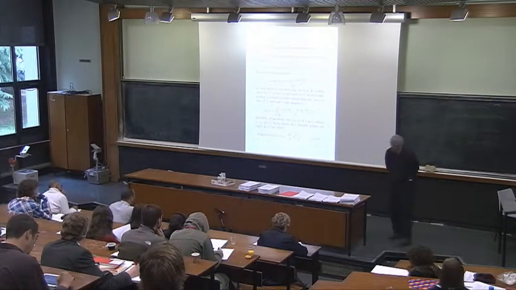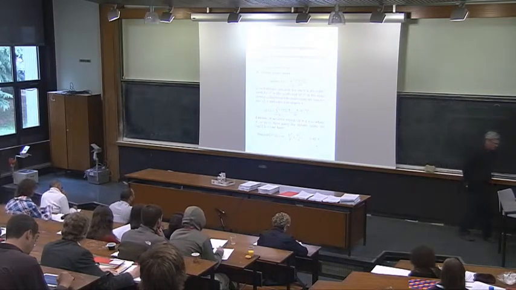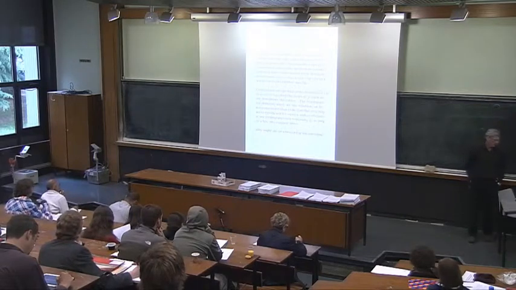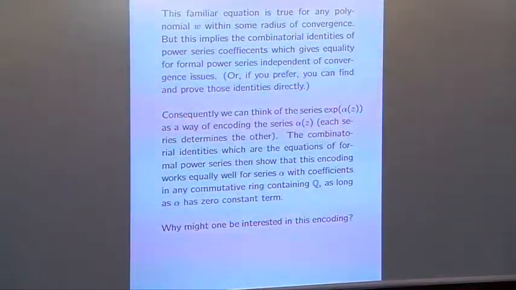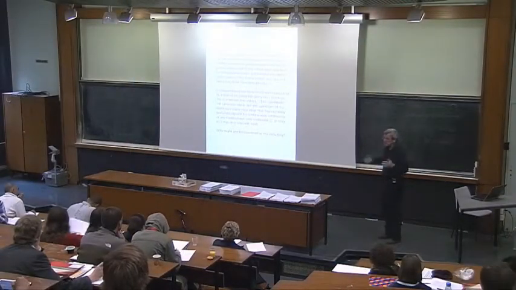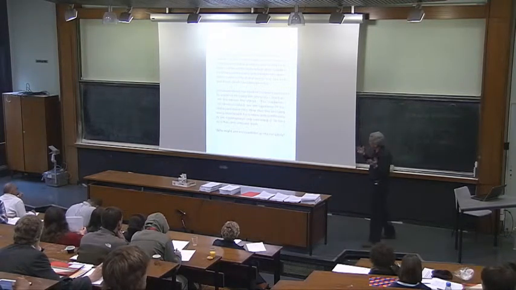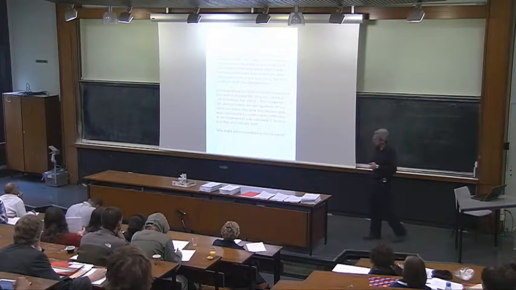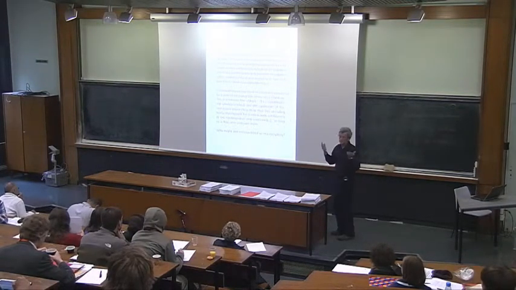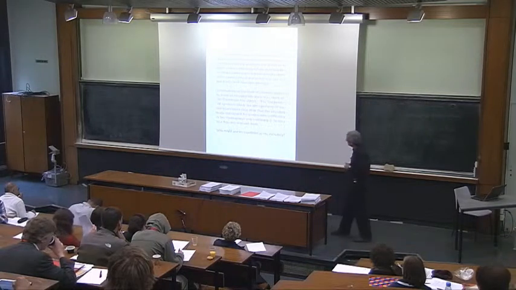Okay, so we can do these computations really without worrying about issues of radius of convergence. These familiar equations we know are true for polynomials within some radius of convergence. But, because that's true, behind that there have to be combinatorial identities of the power series coefficients, which give the equality of the formal power series independent of the convergence issues.